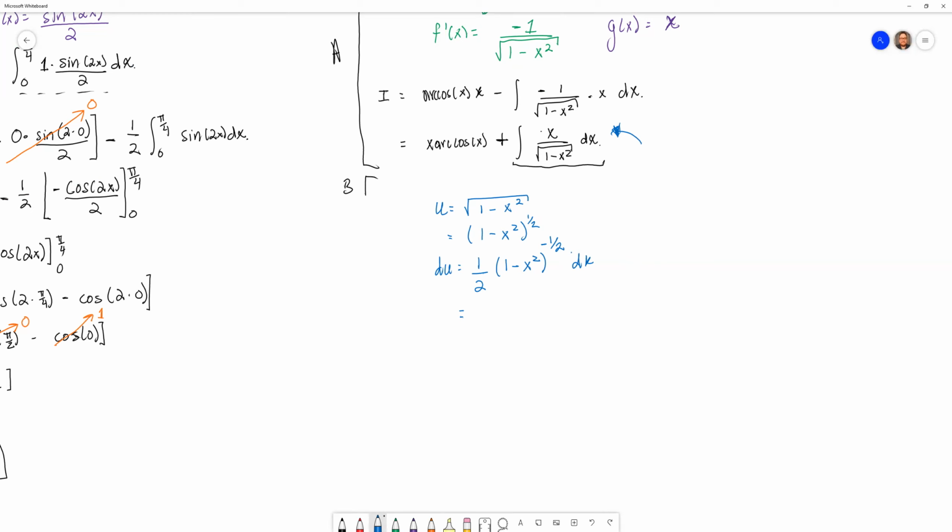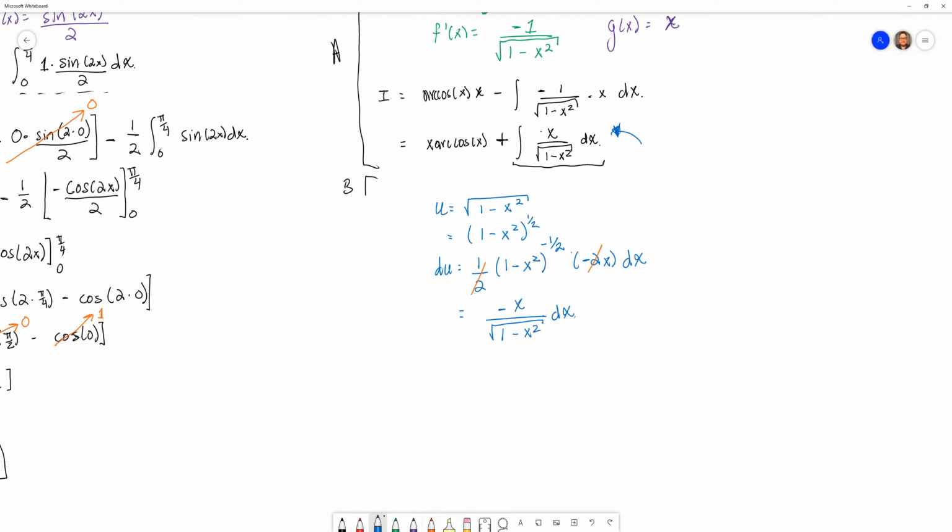One final thing, sorry: because there's a function contained inside, we have to multiply by the derivative of the inside, so that would be minus 2x dx. There we go. That looks better. And so these 2's cross out, and what we end up with is negative x over the square root of 1 minus x squared dx.